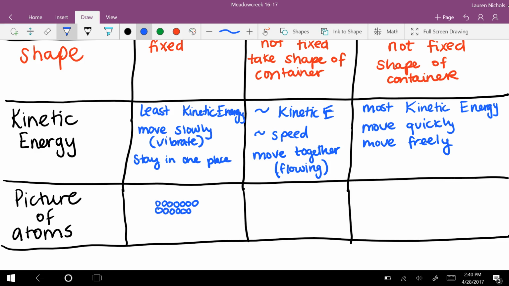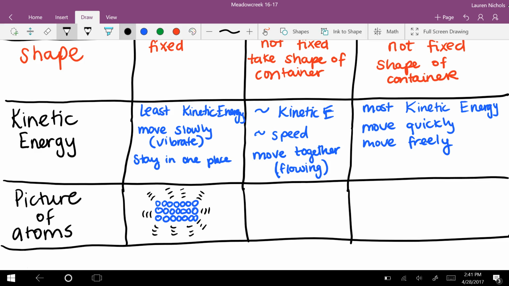They're tightly packed. They have a shape. And these little lines here show them vibrating. These just show they're moving. They are vibrating, but they're not changing their position.